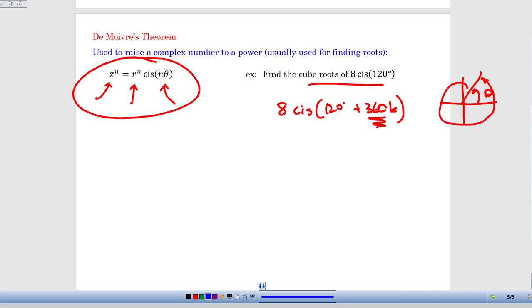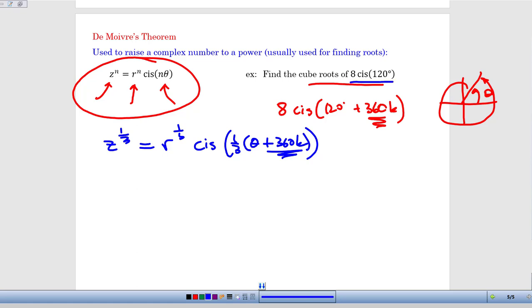So if we're trying to find the cube roots, that means we're raising our number z to the 1/3 power. So we're going to take r to the 1/3 and then cis 1/3 of theta plus 360k, if we really include that plus 360k as part of it.